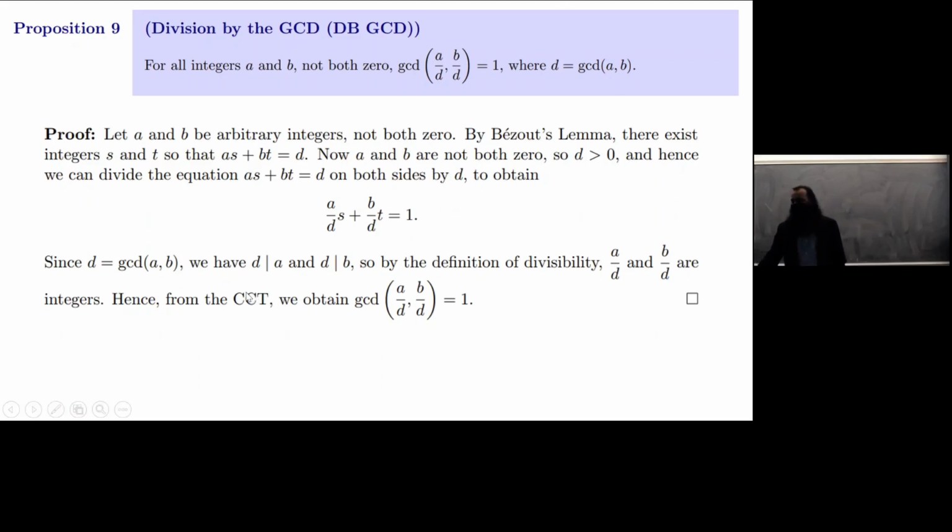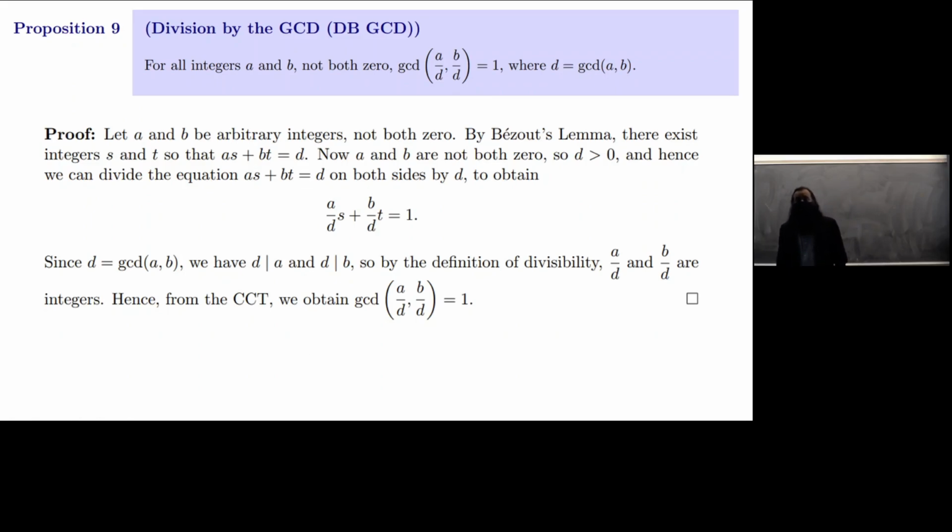Okay? And then overall, you use the coprimeness characterization theorem, because here it's asking you to prove that two things are coprime. If you want to prove that two things are coprime, then you should use the coprimeness characterization theorem. What does it state?